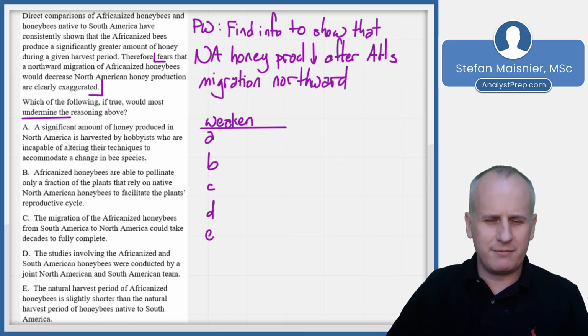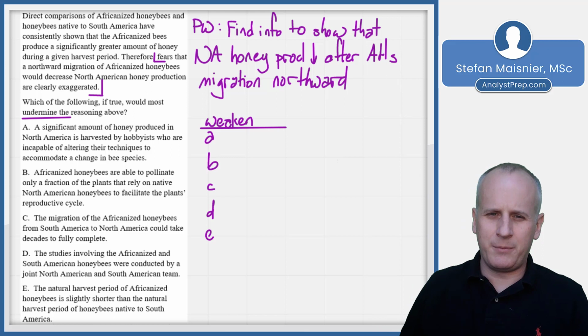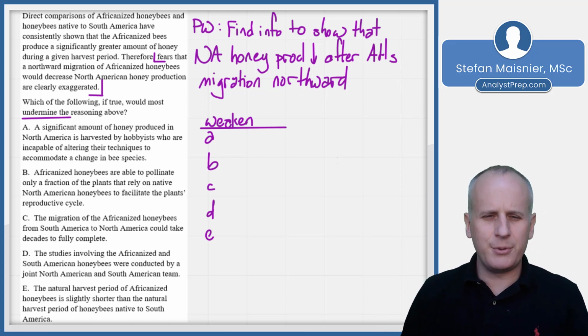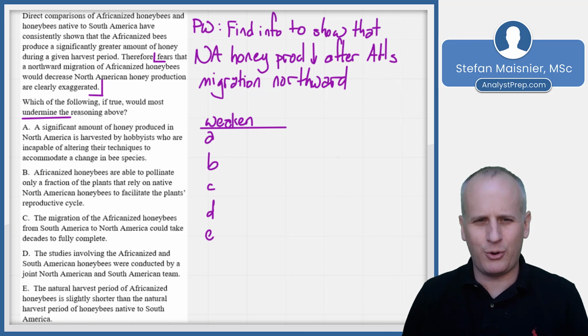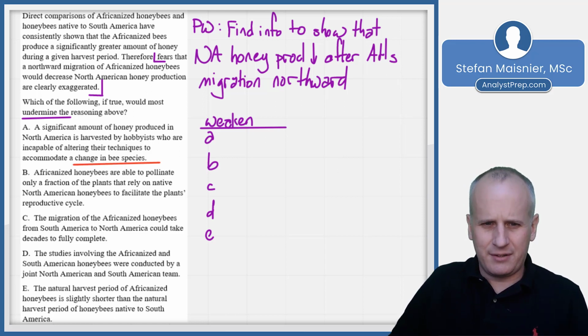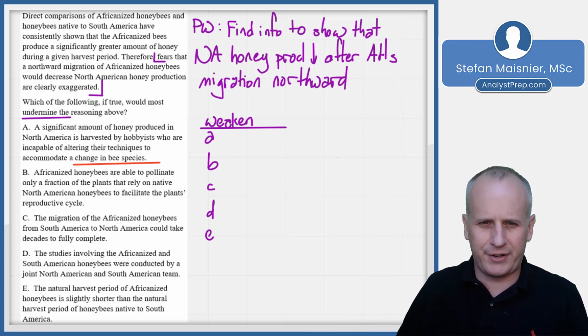So we got our prediction direct from the conclusion, and we go through our answer choices. A significant amount of honey produced in North America is harvested by hobbyists who are incapable of altering their techniques to accommodate a change in bee species. Well, we can see that there's certainly a theoretical change in bee species. And when that happens, they can't alter their technique.